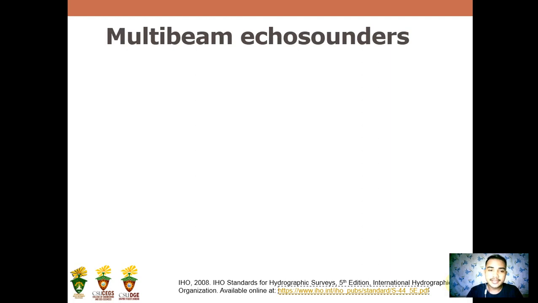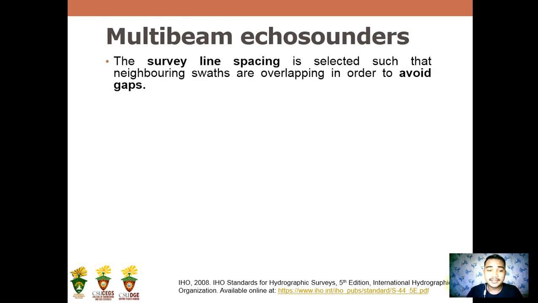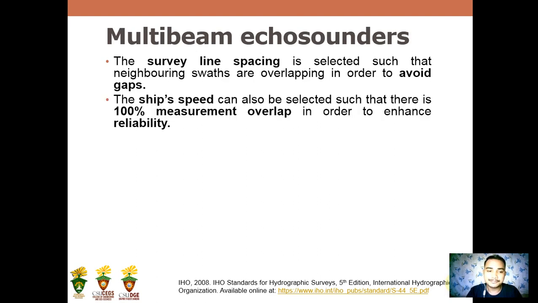So here are some important facts about multi-beam echo sounders. First, the survey line spacing is selected such that the neighboring swaths are overlapping in order to avoid gaps. This is really important, based on the introduction last time, that there must be sufficient line spacing to cover the whole specific area you want to survey.